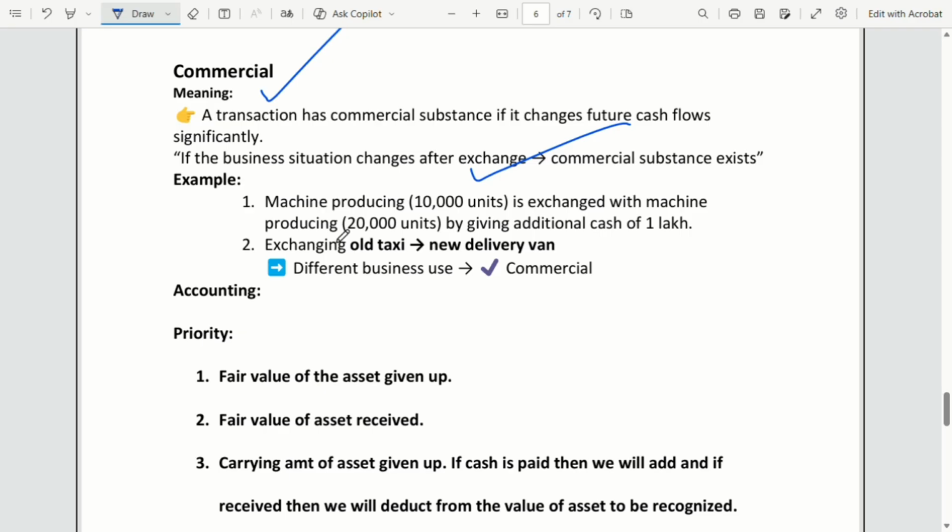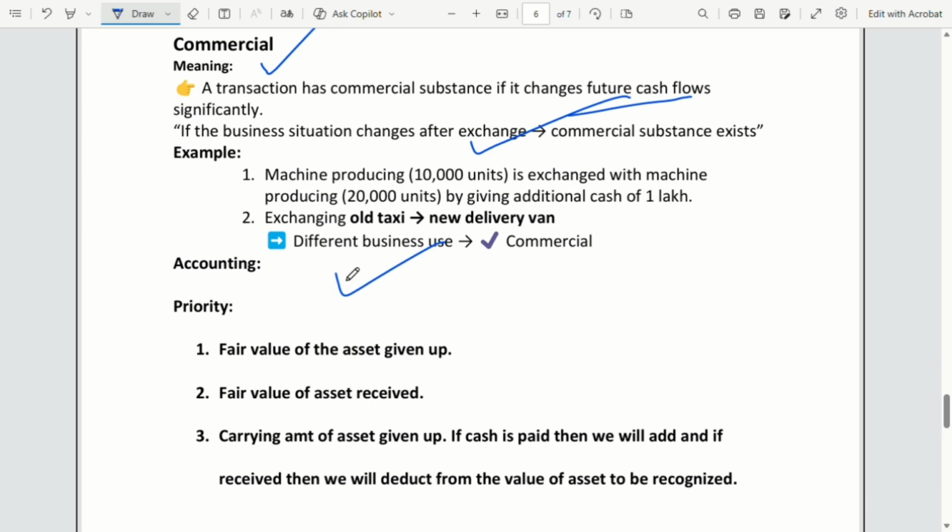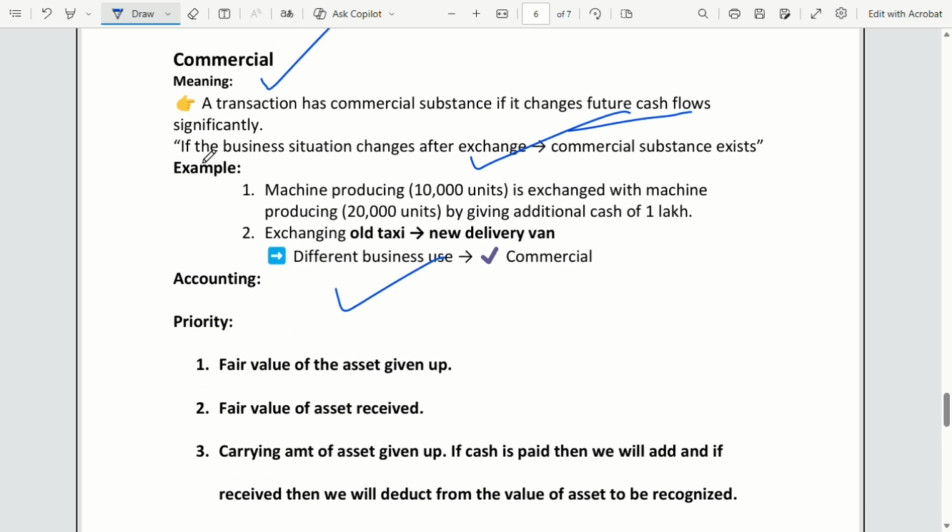So if the transaction is helping the business economically, then that transaction will be known as a commercial transaction. I have taken one more example. If we use a new delivery van, then also it will help our business and thereafter help our cash flows also. So these are commercial transactions.